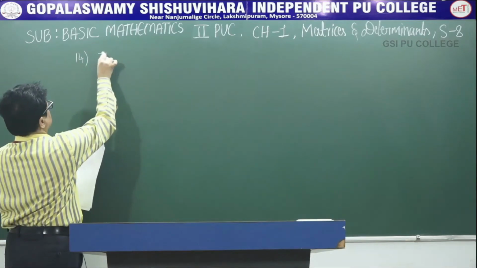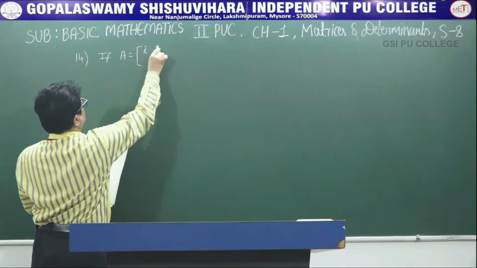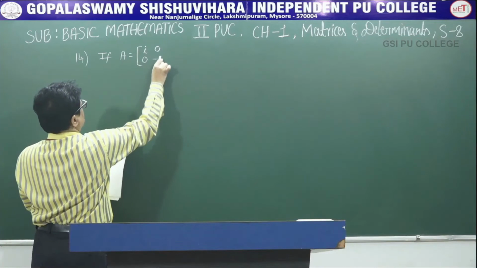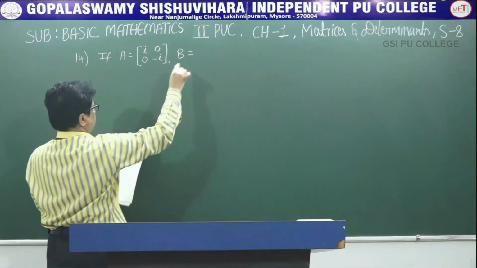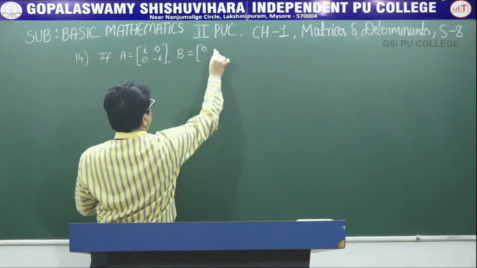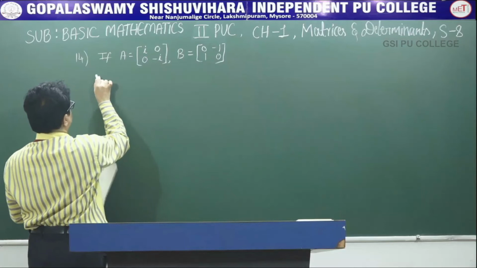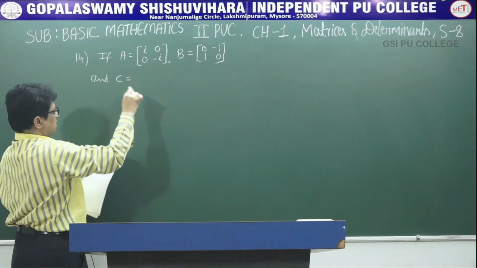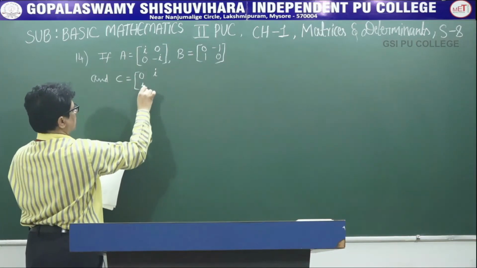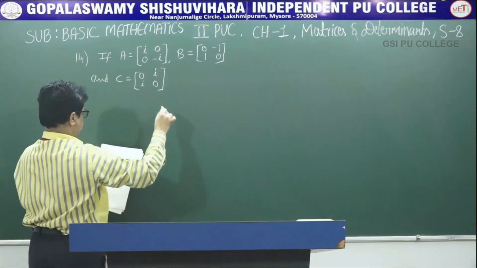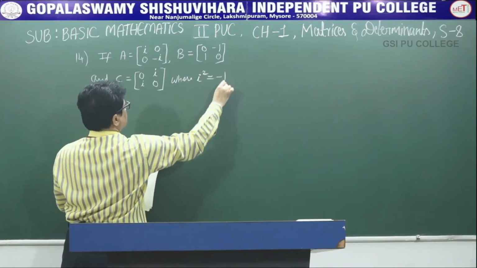Next problem. If A equals [I, 0; 0, minus I], B equals [0, minus 1; 1, 0] and C equals [0, I; I, 0], where I square equals minus 1.